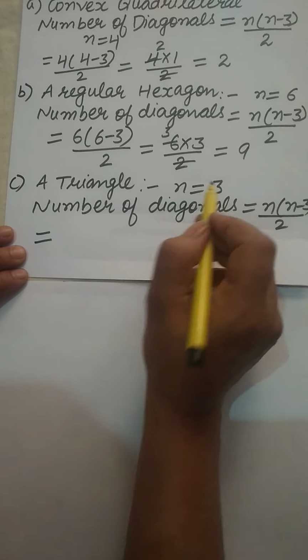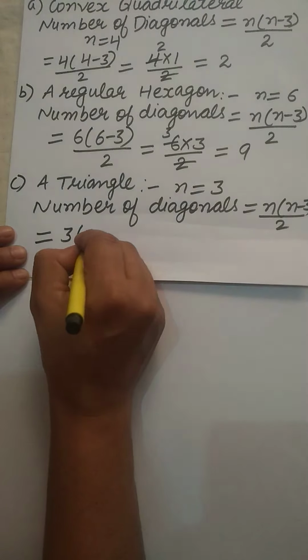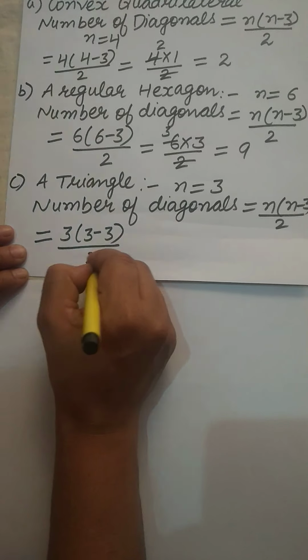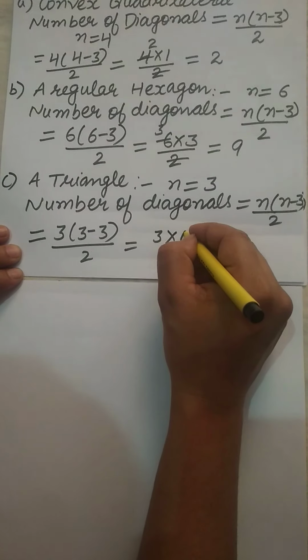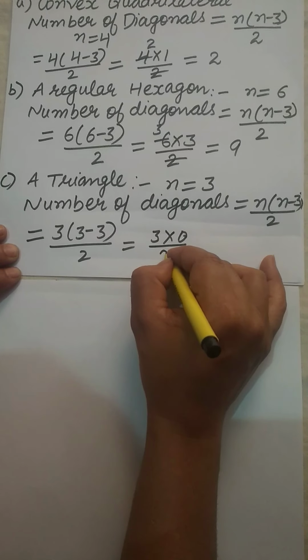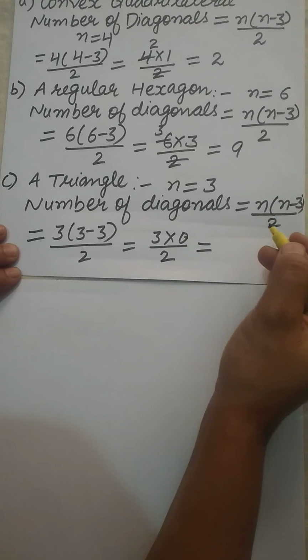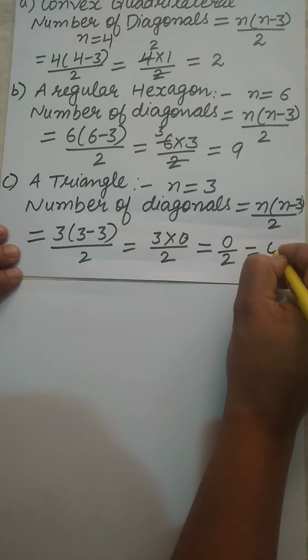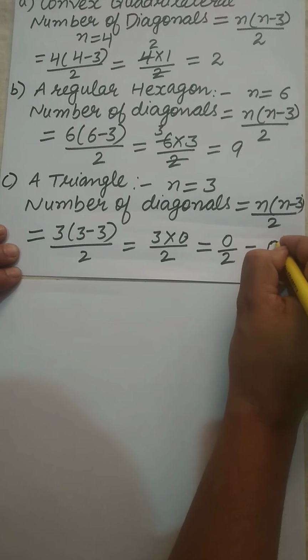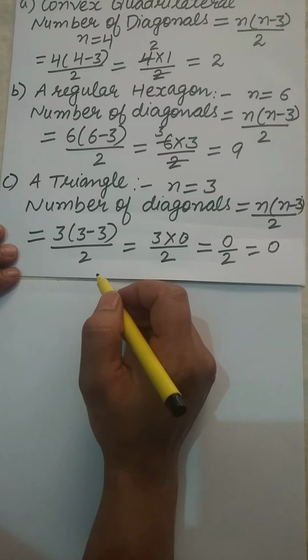Substitute the value of n, that is 3. 3 into 3 minus 3 divided by 2. 3 minus 3 is 0, so it's 3 into 0 divided by 2. 3 multiplied by 0 is 0 and 0 upon 2 is again 0. So we can say that a triangle is not having any diagonal.